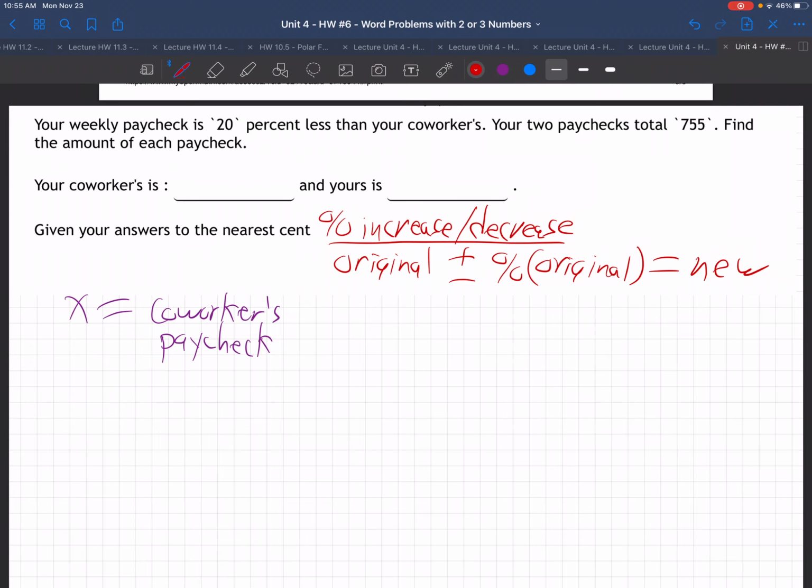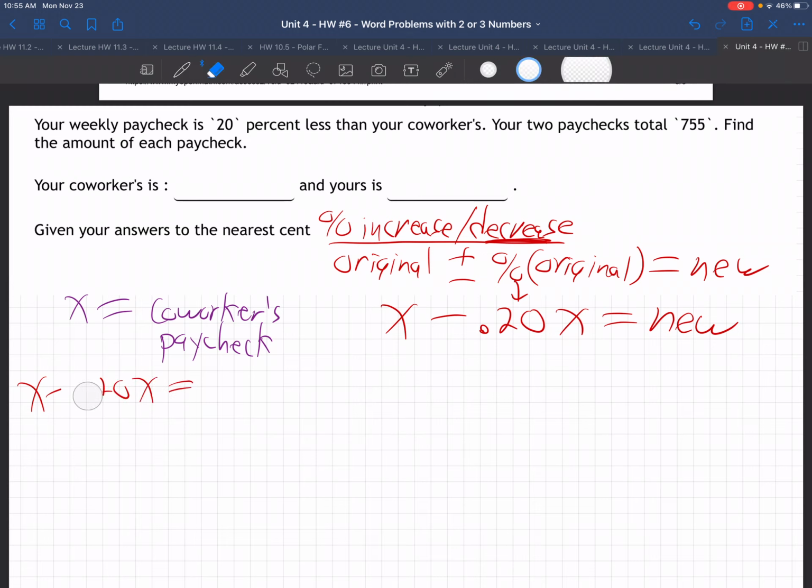So if the coworker's is X and it's a decrease, so minus the percentage, which is 0.20, got to make that a decimal, times the original X, that'll be the new. That is your paycheck right here, so X minus 0.20X.